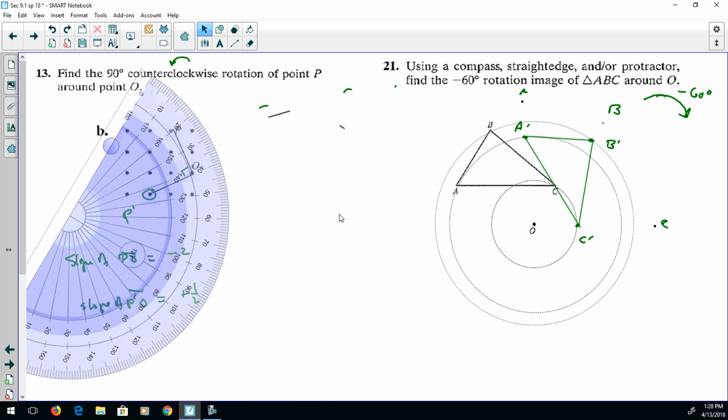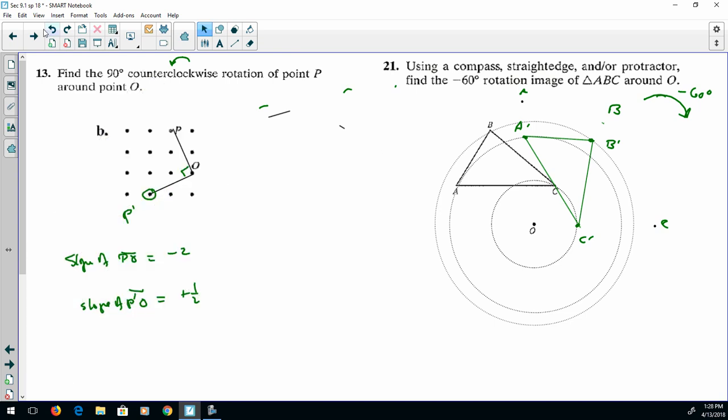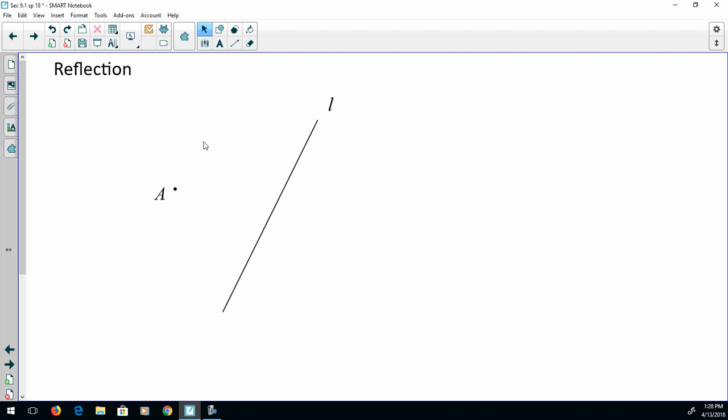The third basic type of isometry is called reflection. Now, in a reflection, we have a line of reflection. You want to think of that as a mirror. And what we do is we take a point on one side of the line to its mirror image.